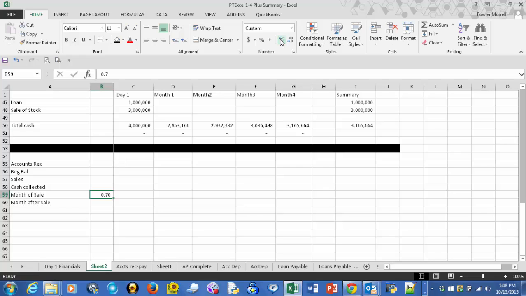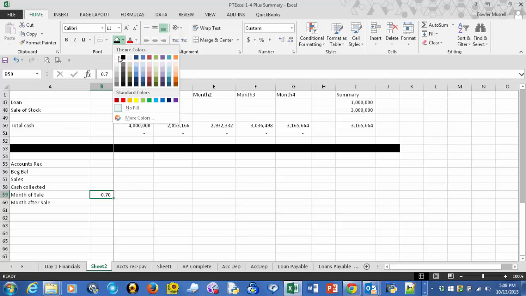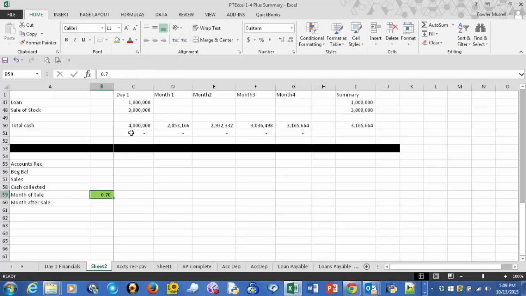Sometimes you guys will go crazy because you'll say, I put 0.7 in 1,000 times and it keeps coming up 1. Well, remember, you need to add decimals. So this 0.7 is a variable. We want to paint that green.